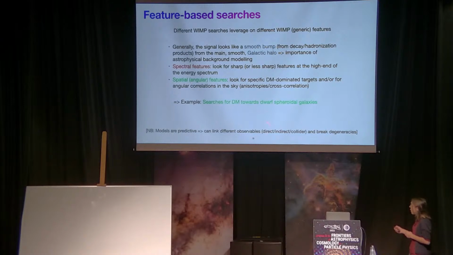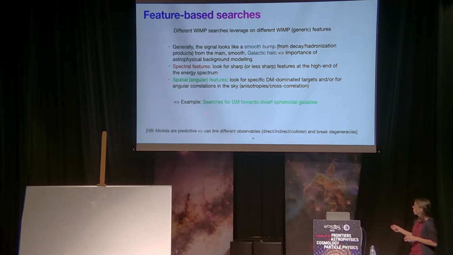More generally, whenever you have a model for dark matter, for example, from your particle theory, you have a very predictive way to have multiple observables all together. So you can also leverage on the different direct and indirect and collider searches and break some degeneracies. But here I will just discuss indirect probes alone.